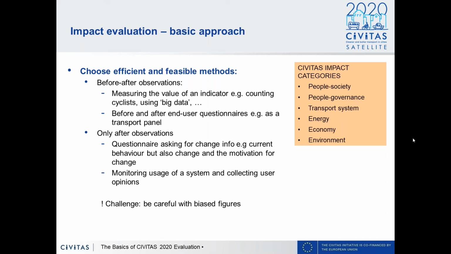And I think also an element in this is that we want to have a good coverage of the impact categories. And of course, that's the reason also why we defined these 6 categories. Sometimes you know in advance that your measure has no impact on, let's say, energy. Then it's not worth spending effort on it.